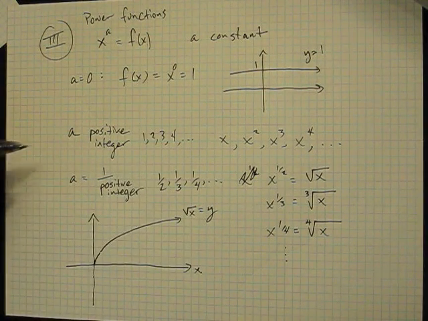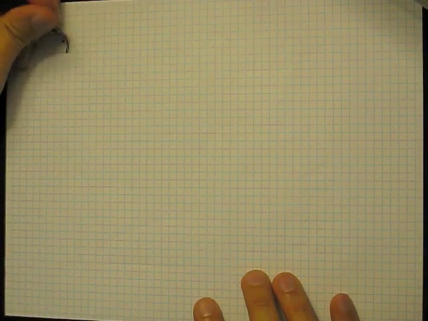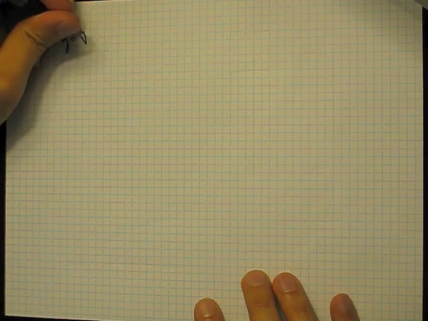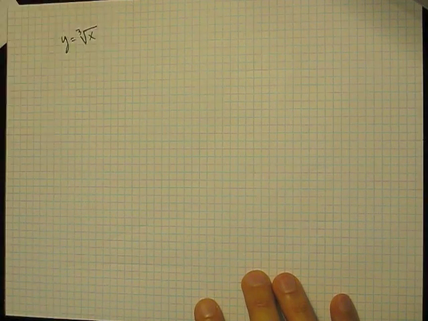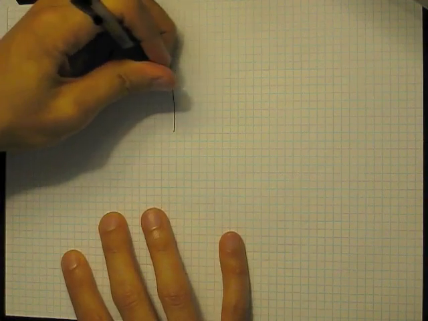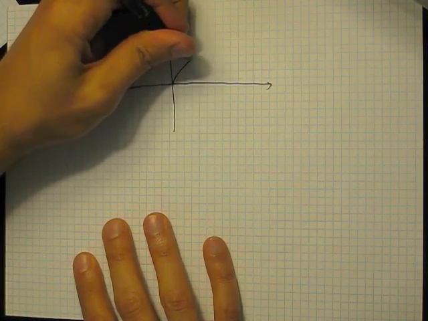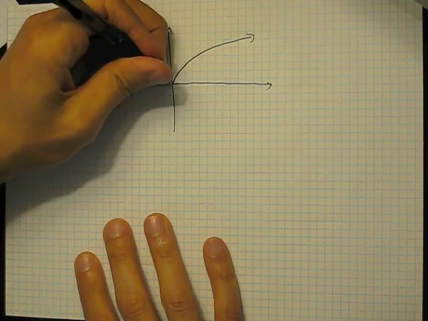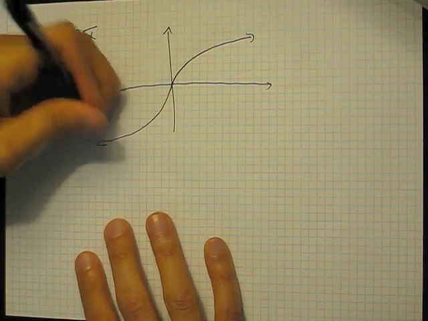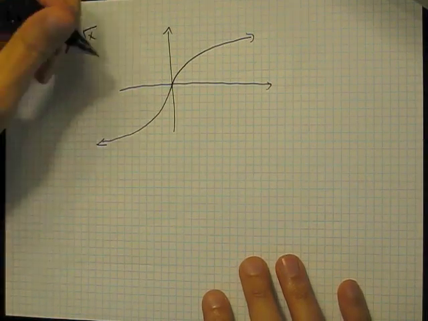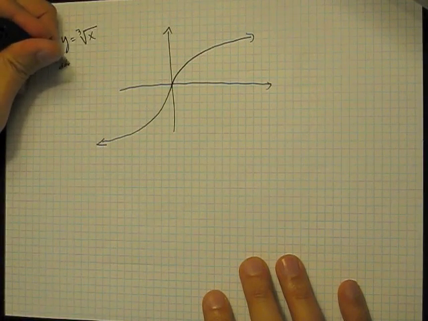If we were looking at the graph of, say, y equals the cube root of x, it would also look like this, but the domain of this function will actually be all the real numbers.